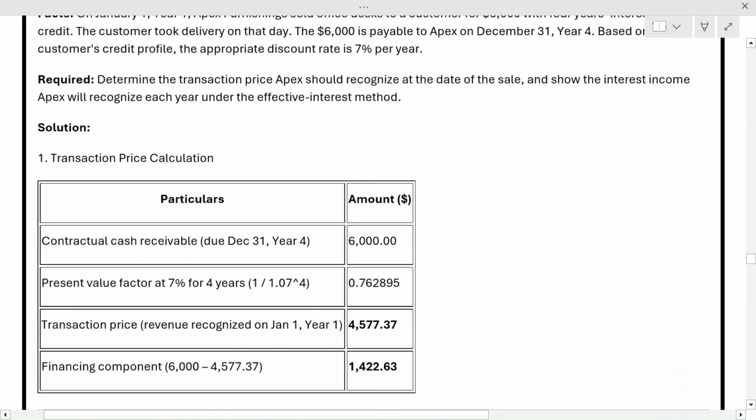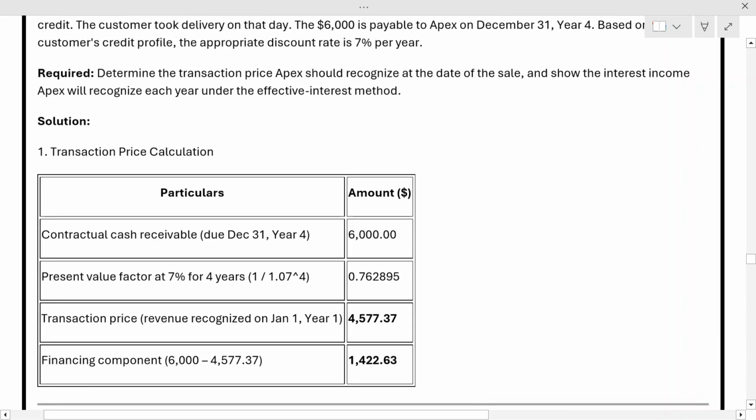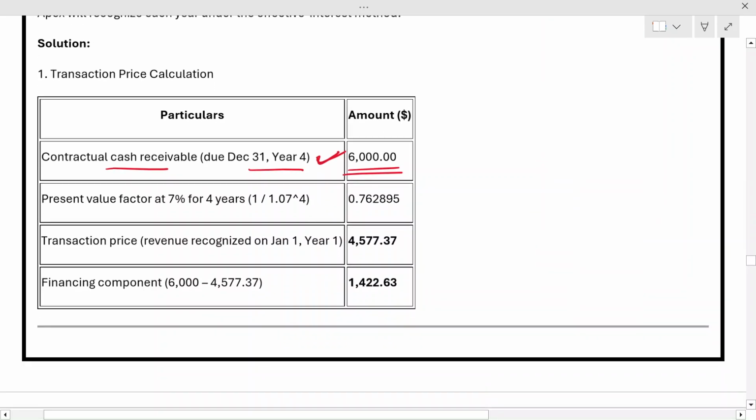Let's see that. The contractual cash between the parties is $6,000, which is due after 4 years, and what will be the present value of this money?